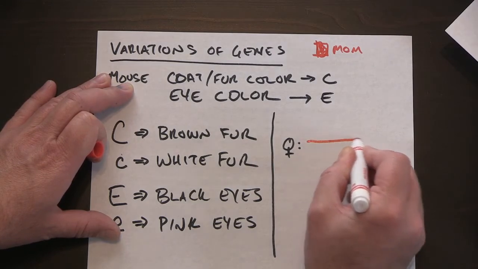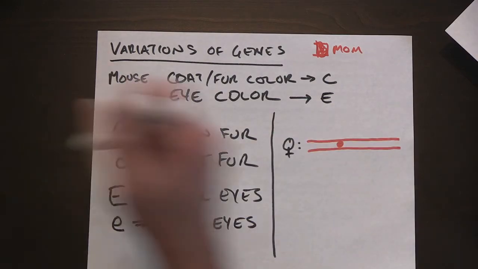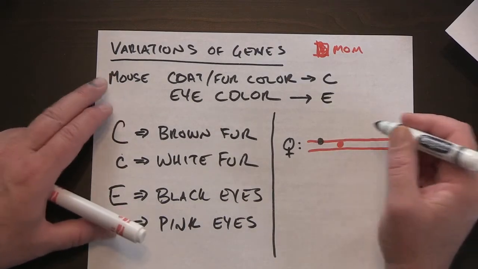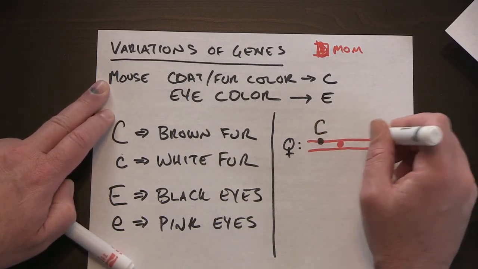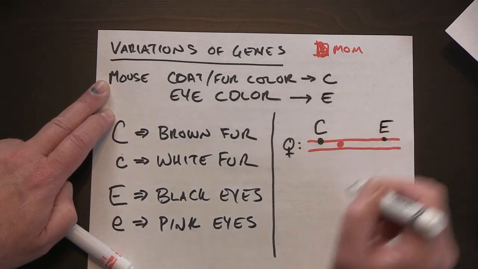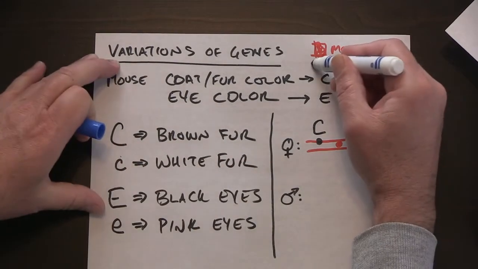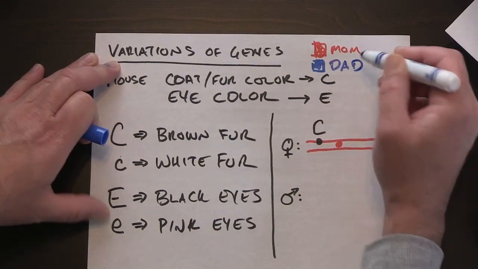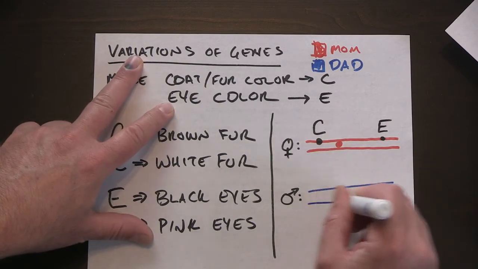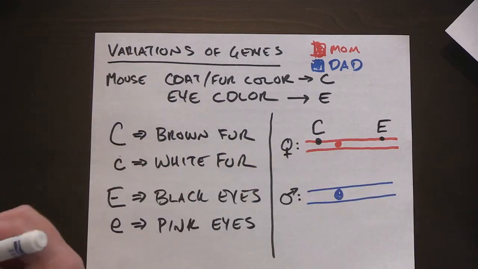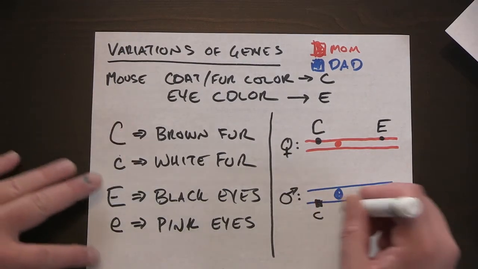We'll have a chromosome and let's say it has, here's the gene for fur color, and mom has big C and big E. Dad, we're going to say dad has the gene for white fur.